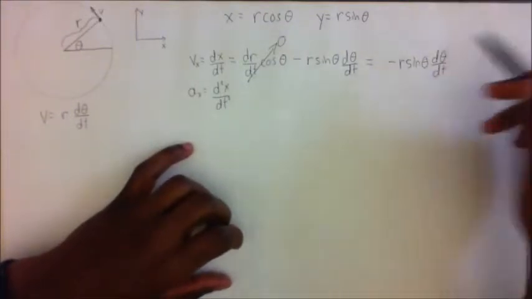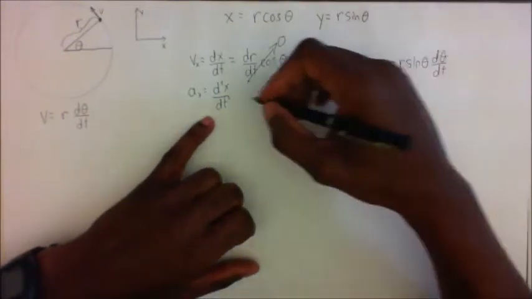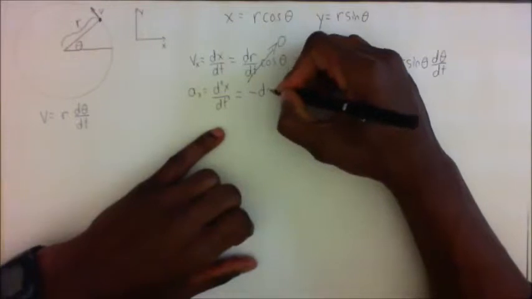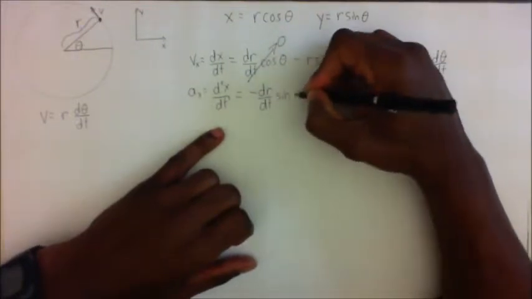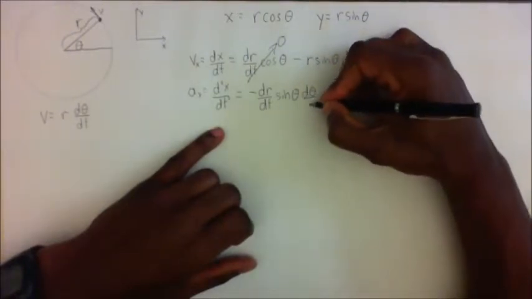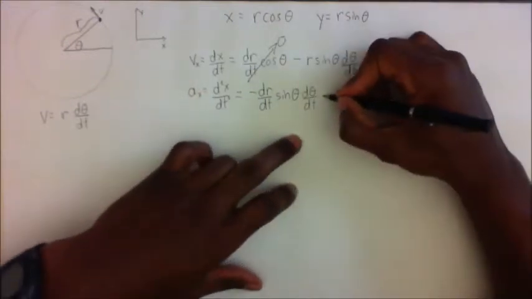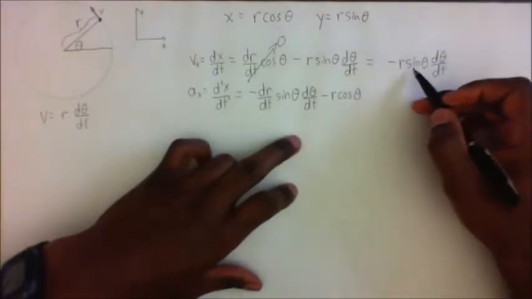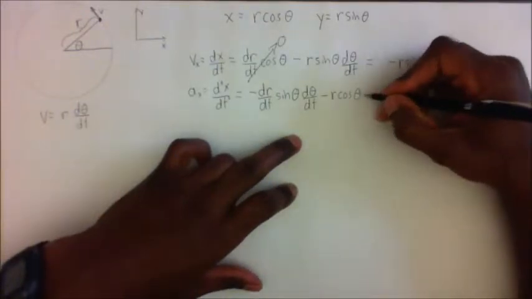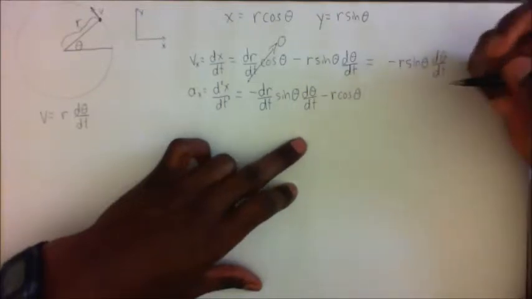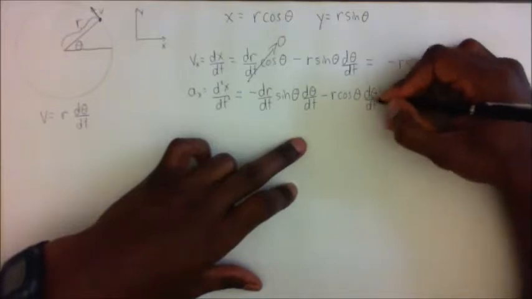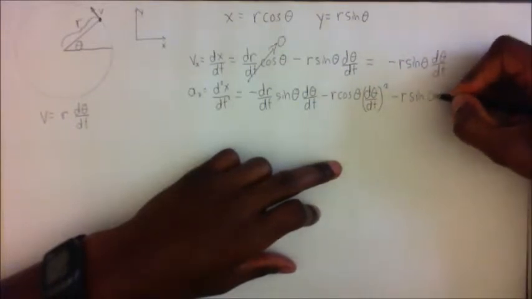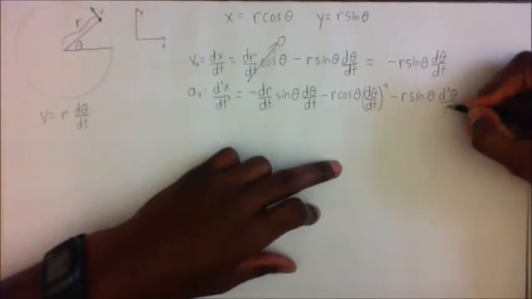In this case it's going to be minus dr over dt sine theta d theta over dt, and minus r cosine theta d theta over dt times d theta over dt, because I'm differentiating theta with respect to time, so d theta over dt squared, and again minus r sine theta d squared theta over dt squared.